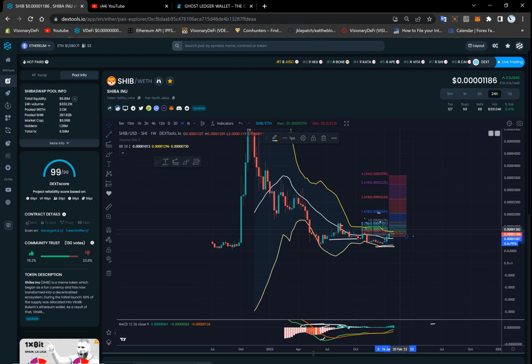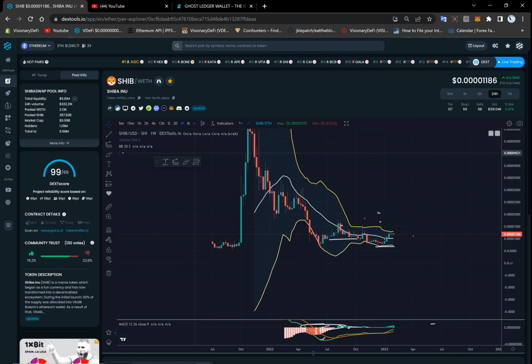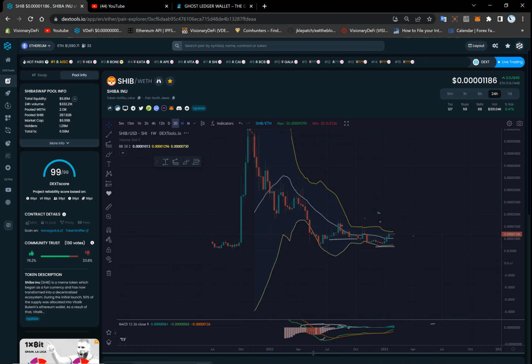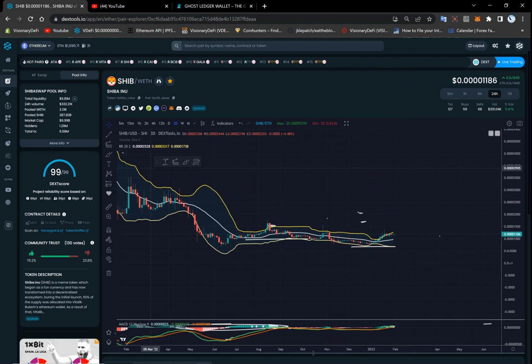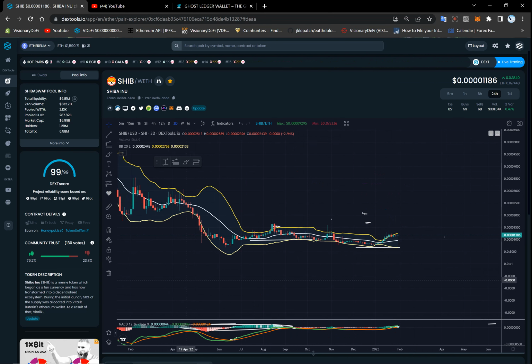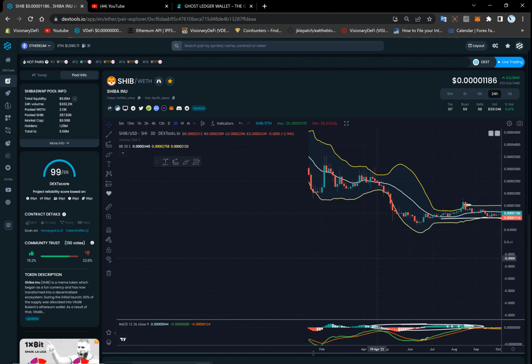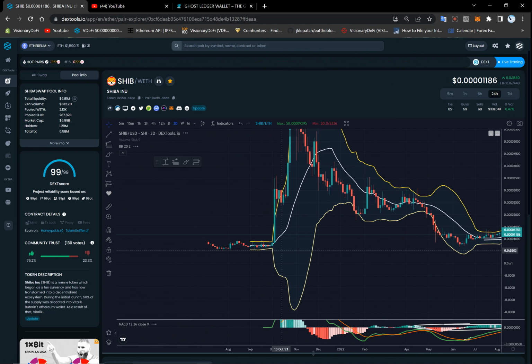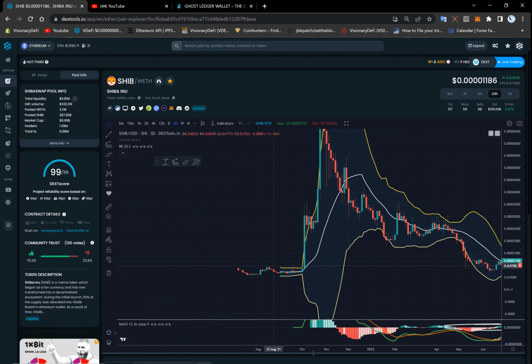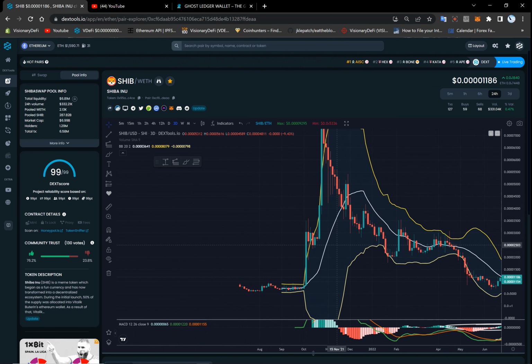For example, let's say those that invested in Shiba a while back, we're going to look at the 3-day chart, and we're going to plug the indicator in to see how accurate it was in predicting the price movements. So we're going to use this first movement here.